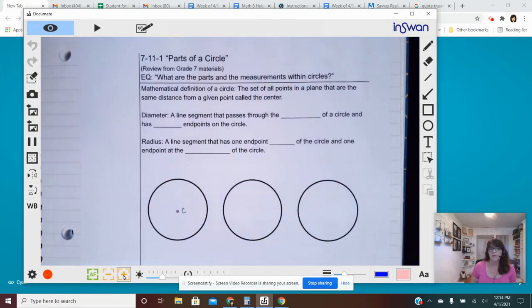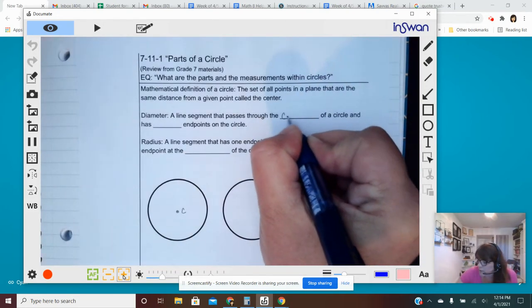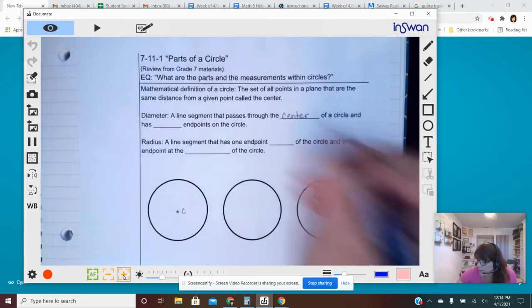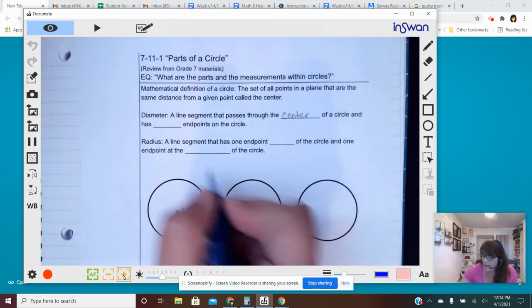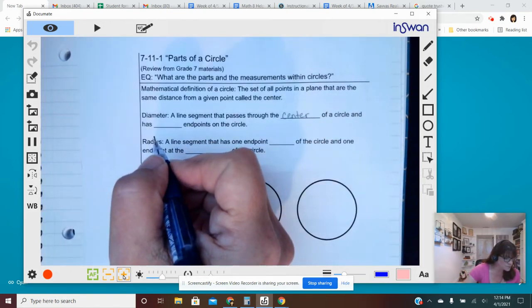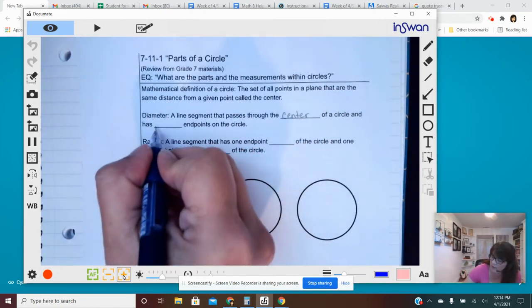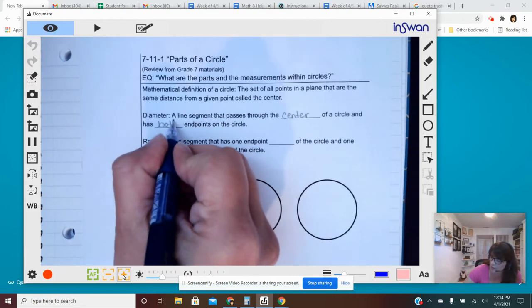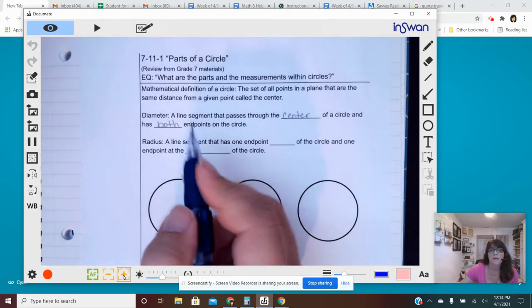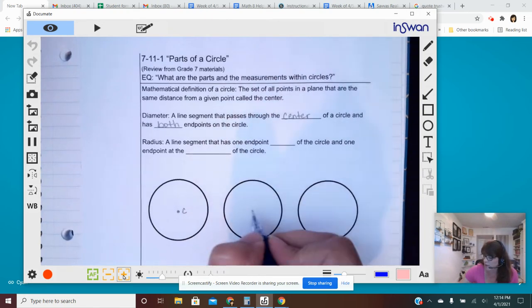Now, a diameter is a line segment that passes through the center of a circle and has both endpoints on the circle.